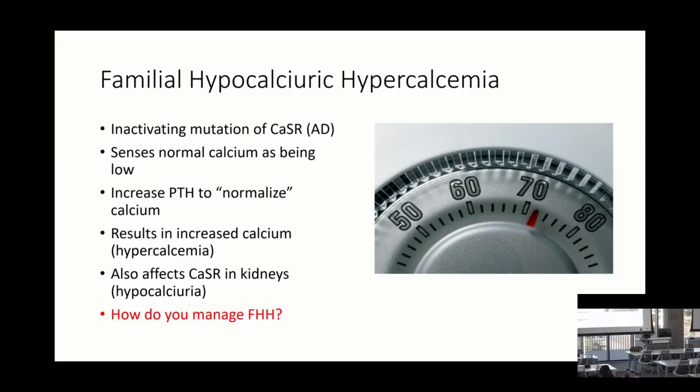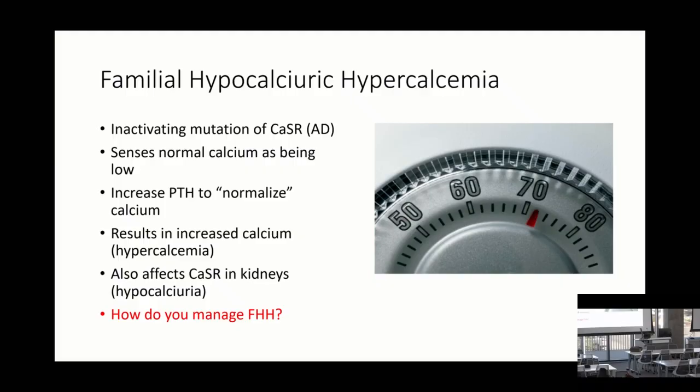So essentially, there's no hypercalciuria like you would expect when you have hypercalcemia. The bottom line is the net effect is essentially a benign condition. There's no clinical implication, even though the calcium is a little bit high, it doesn't have any clinical effect. And in terms of management, you don't do anything.